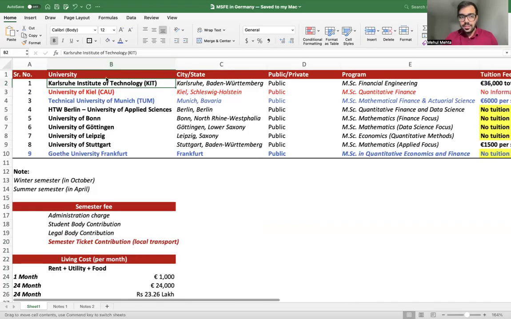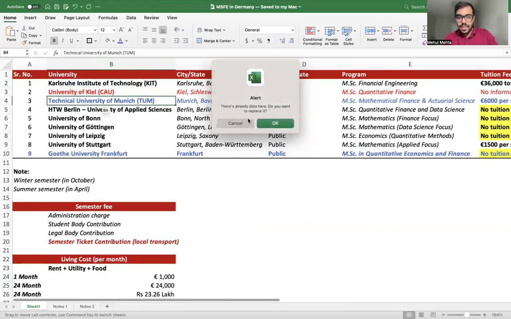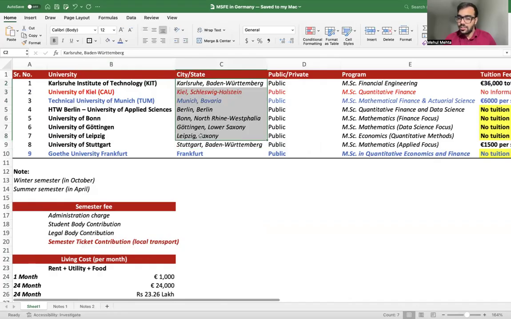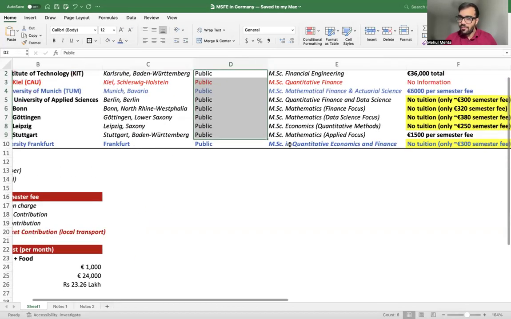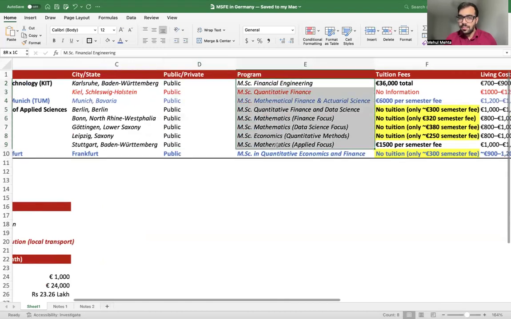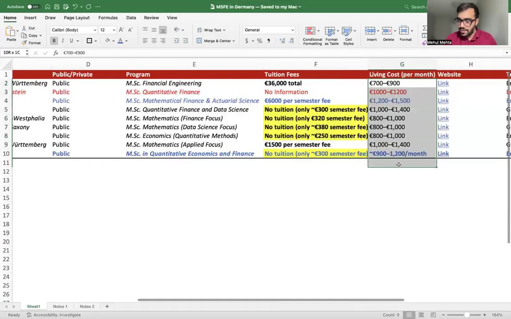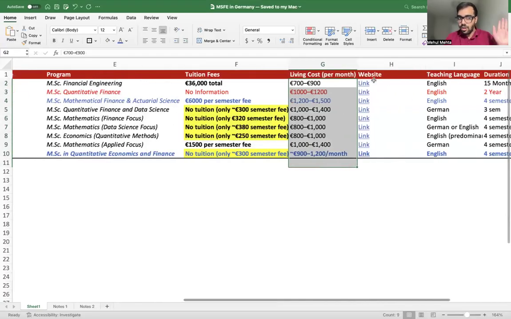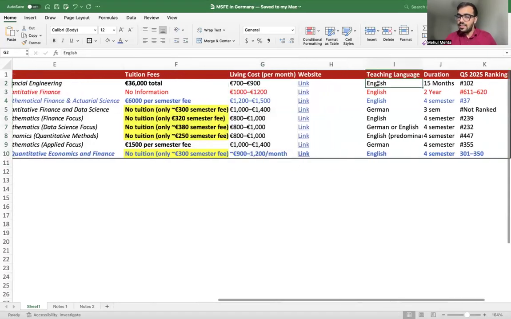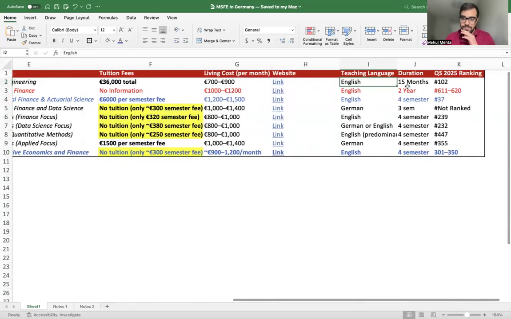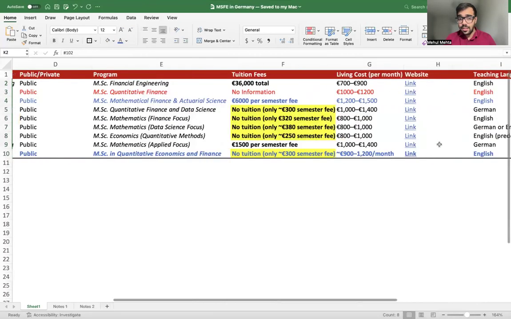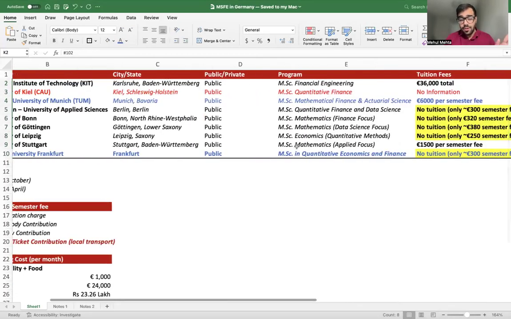It contains which city or state the university is in, is it a public or a private university, what program the university offers, what is the tuition cost, what is the living cost, the website link of each university, is the master's program taught in English or in German, how long is the duration of the master's program, and what is the QS ranking. So this is what we'll cover in this video.